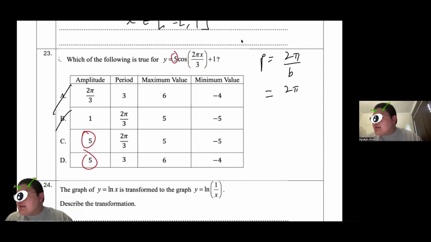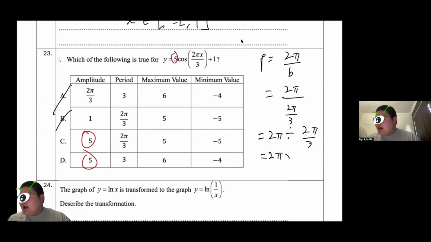In this case, you can see it's just 2π over 2π/3. If you're a little bit confused about this, you can check in your calculator, but you should be able to do this in your head. It's the same as times by 3 on 2π, which is 2π cancel, cancel, which is 3. Boom. So it's option D.